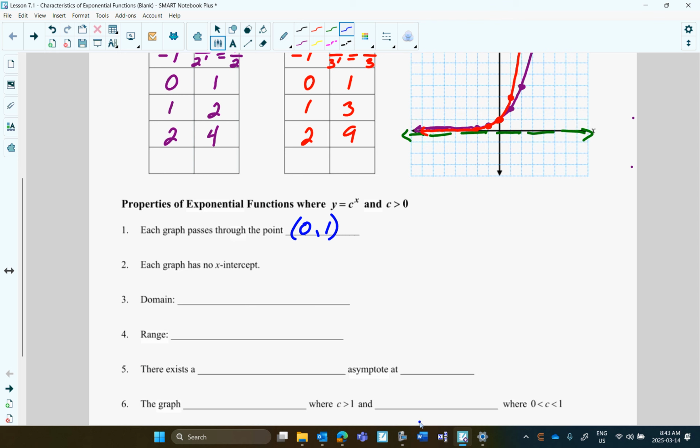Negative infinity. It goes to the left forever, and to the left forever is negative infinity. And to the right, where do I go? Infinity, thank you.